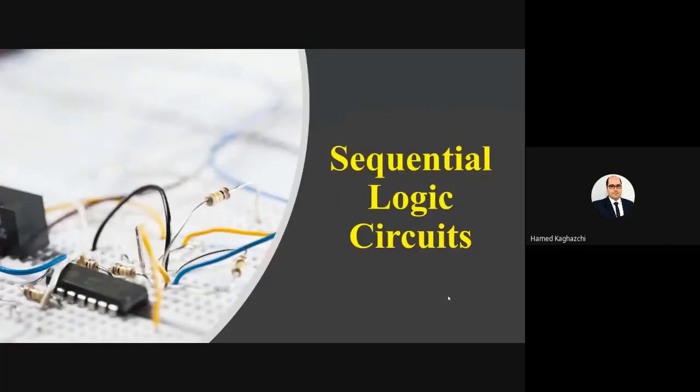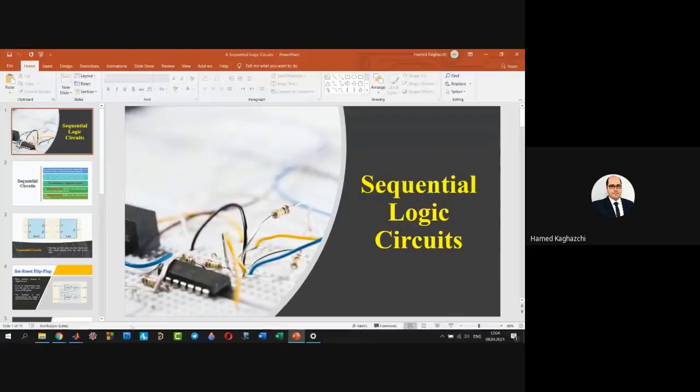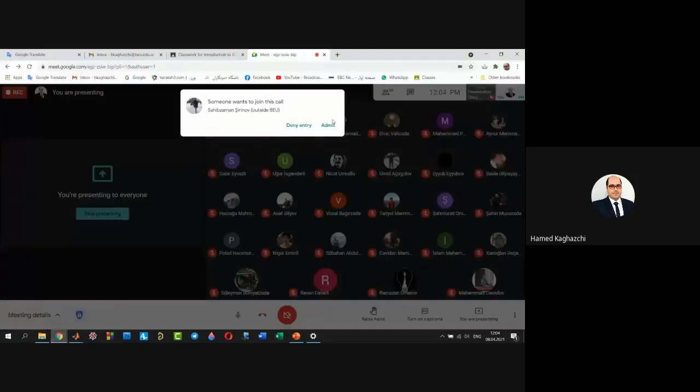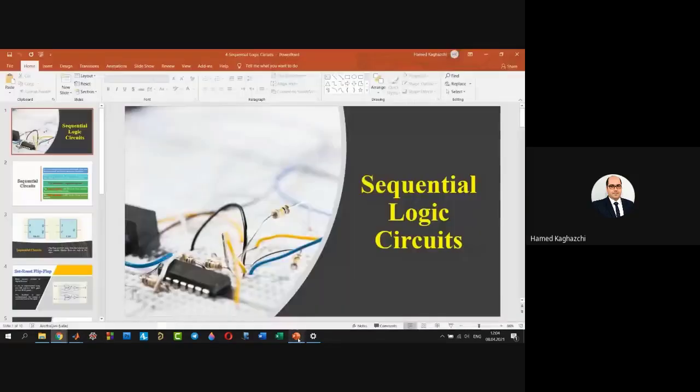In the previous chapter, we talked about combinational logic circuits. In combinational logic circuits, we learned that using three basic gates, AND, OR, NOT, and also XOR, NOR, NAND gates, we could design the combinational logic circuits.